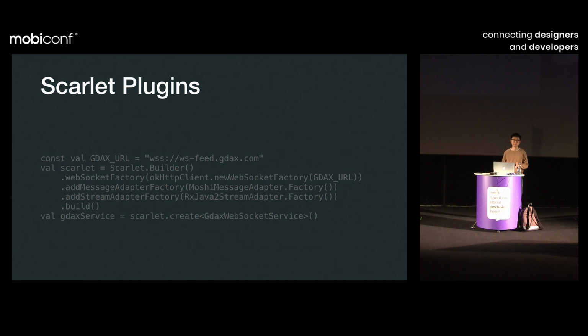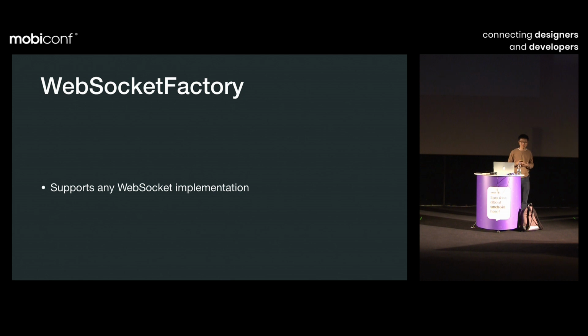If you are adding Scarlet to an existing project, here's how you configure Scarlet to be compatible with your app. Let's start with WebSocketFactory. The WebSocketFactory abstraction allows Scarlet to support any WebSocket implementation.